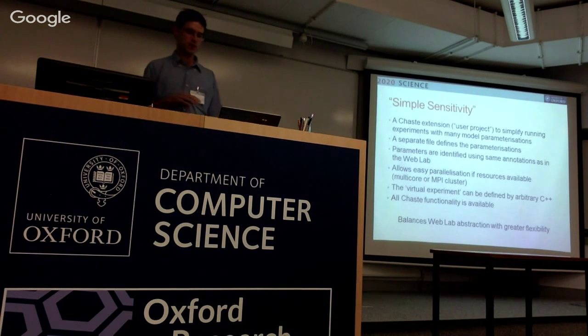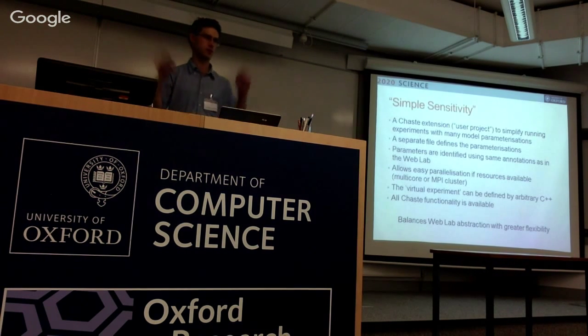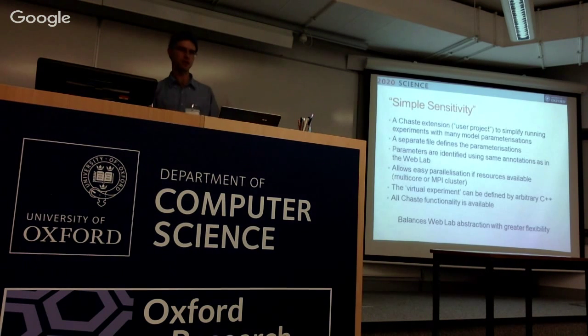There are a few extensions that give you extra functionality on top of that. In Chaste, the user project is the term we use for extension libraries that can just be added on to Chaste to give you extra functionality. And one called Simple Sensitivity I developed for John Wormsley a few years back when he was doing his doctorate here.